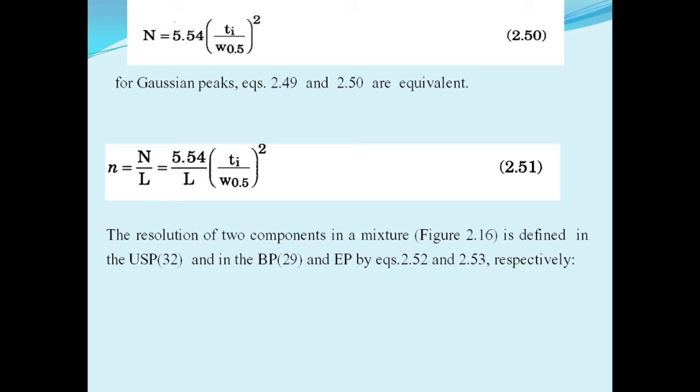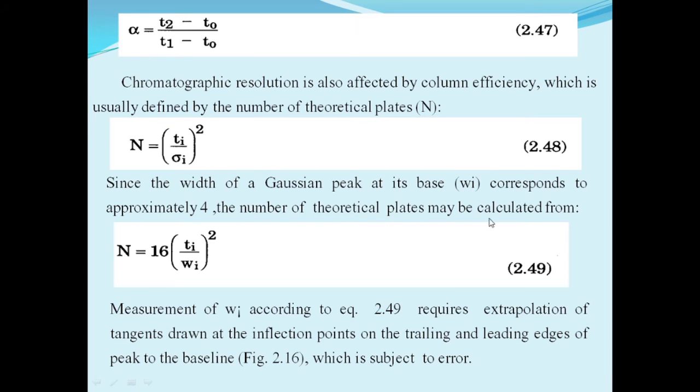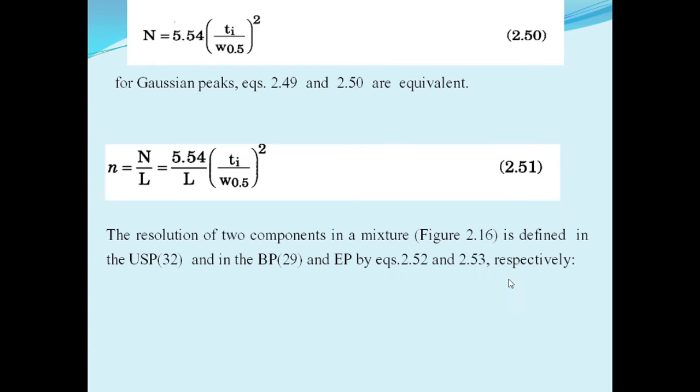For Gaussian peaks, equation 2.49 and equation 2.50 are equivalent. However, for peaks that are significantly asymmetric, equation 2.50 tends to underestimate the true column efficiency, because peak tailing and fronting affect the base of the peak to a greater extent than the center.